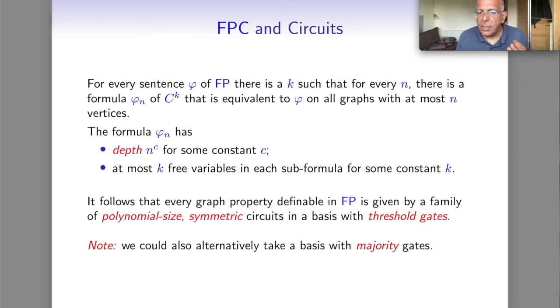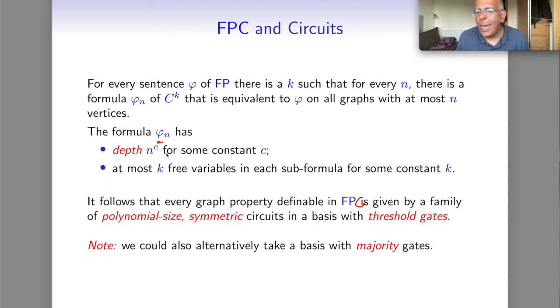Instead of threshold gates, it suffices to take majority gates. There's a normal form, this is still FPC, for these formulas phi n, where you can do away with counting quantifiers and use what are called Rescher quantifiers instead, and that gives you a basis with majority gates.